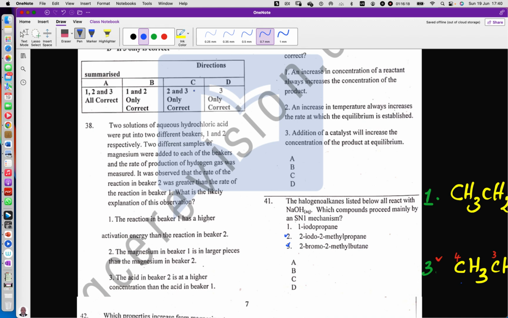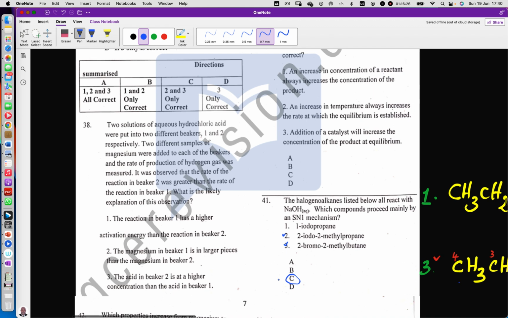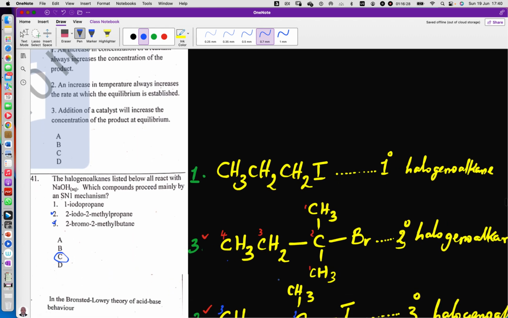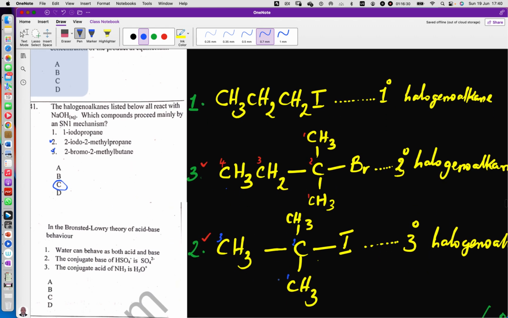So our answer will be C, because it is only 2-iodo-2-methylpropane and 2-bromo-2-methylbutane.